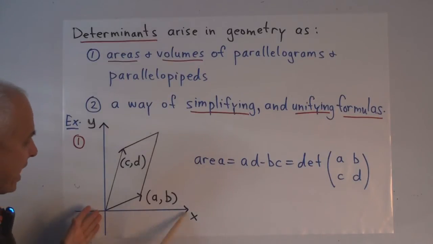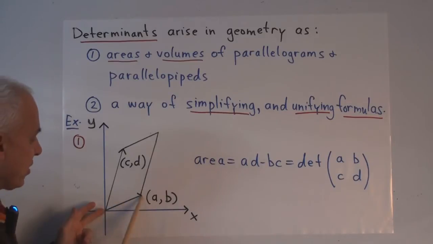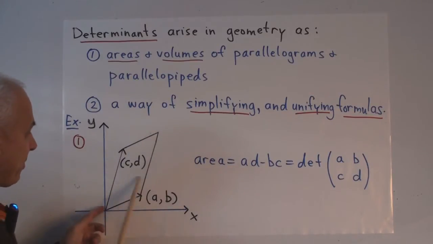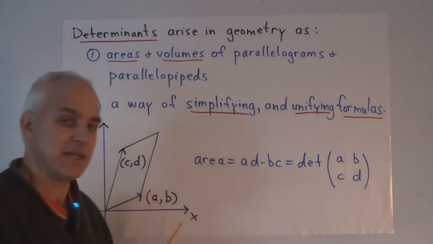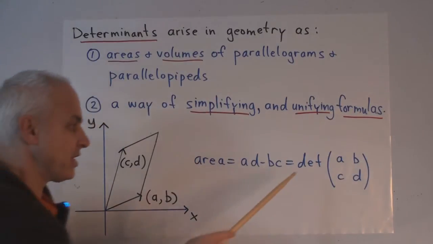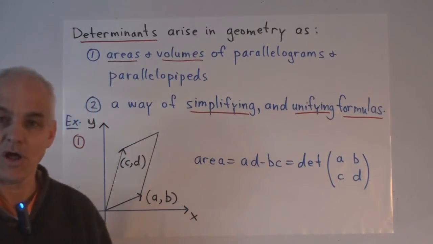So for example, if you have in the plane a parallelogram whose sides are the vectors AB and CD, so we're talking about this parallelogram right here, then its area can be computed to be AD minus BC. In other words, the determinant of the matrix that you get by putting the vectors along the rows.